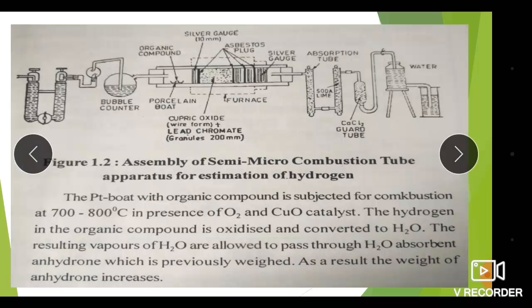Similar apparatus is used for the estimation of hydrogen also. It is the same apparatus we have already discussed in the estimation of carbon. Here the soda lime is there, the asbestos tube is there, and calcium chloride. Instead of using ascarite, we use anhydrous calcium chloride, that is anhydrone.